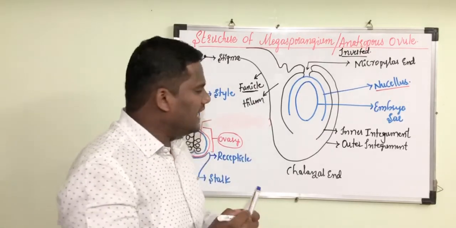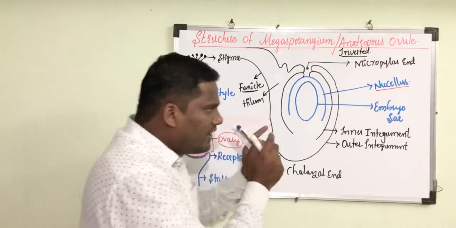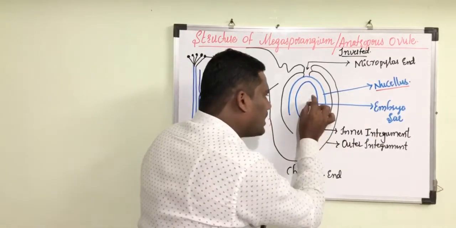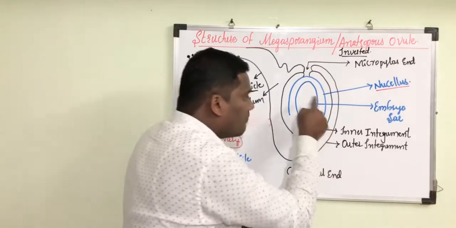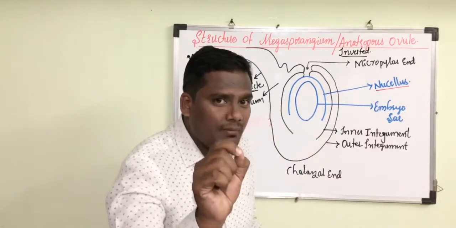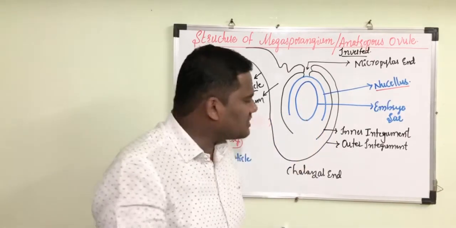Angiospermic plants have ovules located inside the ovary. The ovule has a central portion, the embryo sac, in which we have the actual female gamete located, which we are going to discuss in future classes.